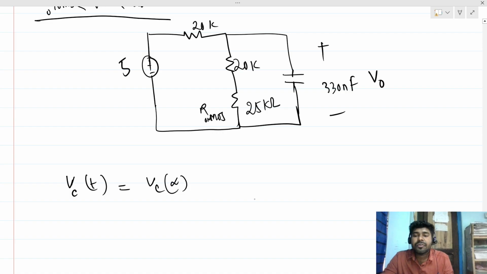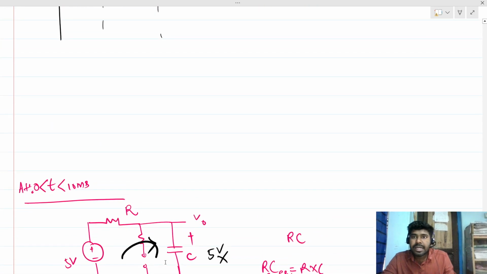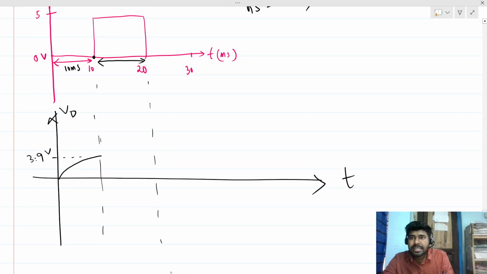The voltage of a capacitor with respect to time is nothing but the voltage across the capacitor at infinite time plus the voltage across the capacitor at initial, times e power minus t by tau. Here the initial condition is at 10 millisecond, because previously we were at that time instant.